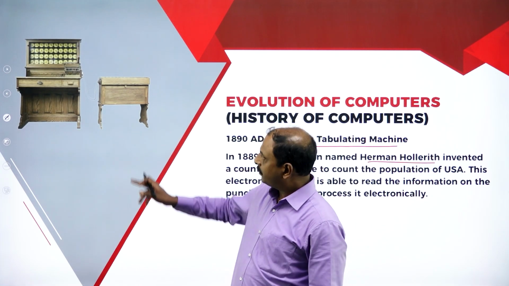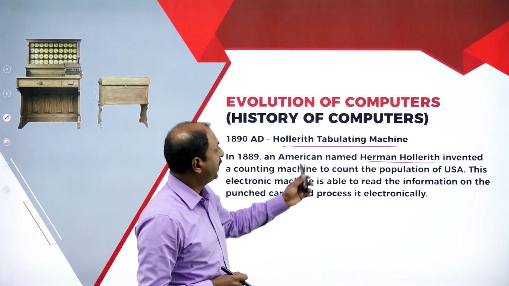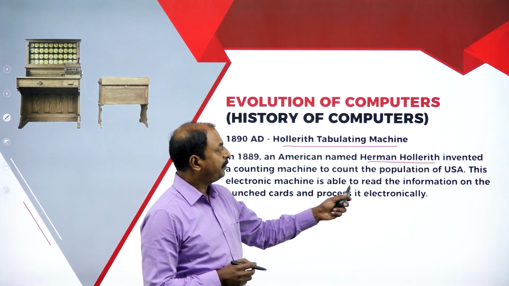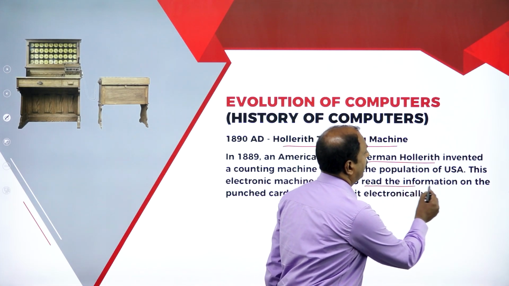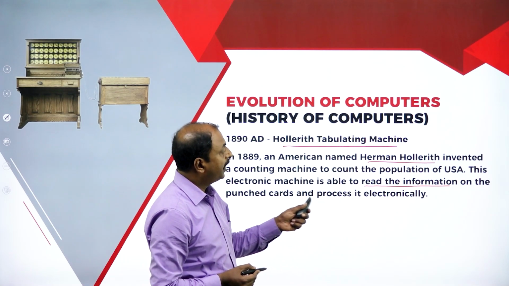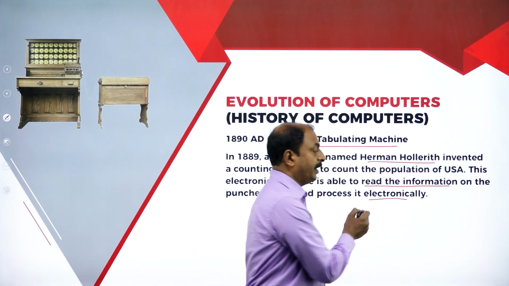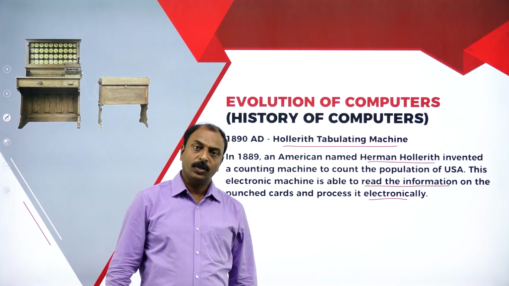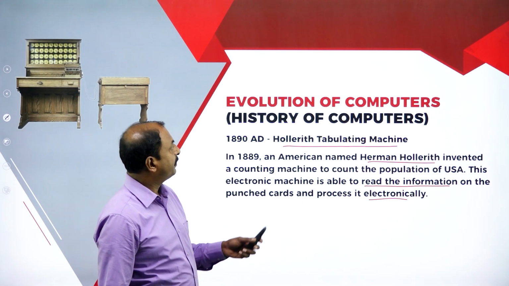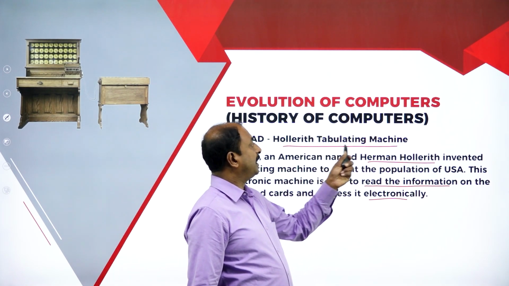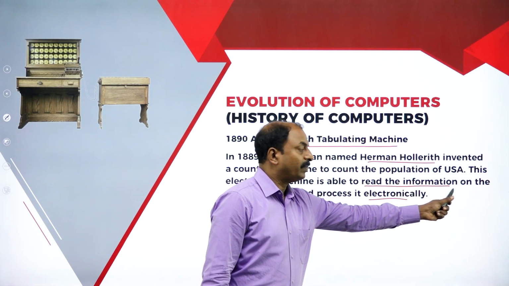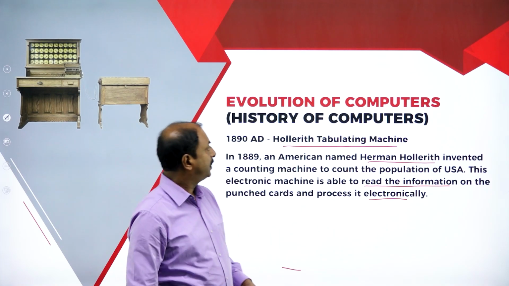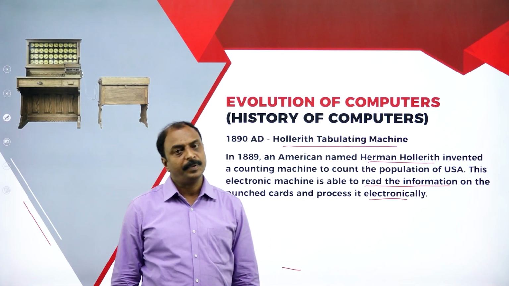You can see the diagram here. This electronic machine was able to read the information on a punched card and process it electronically. We have seen the punched card they were using in the Jacquard loom. The same punched card was used here in the tabulating machine for reading the information and processing it electronically. So this is the Hollerith tabulating machine.